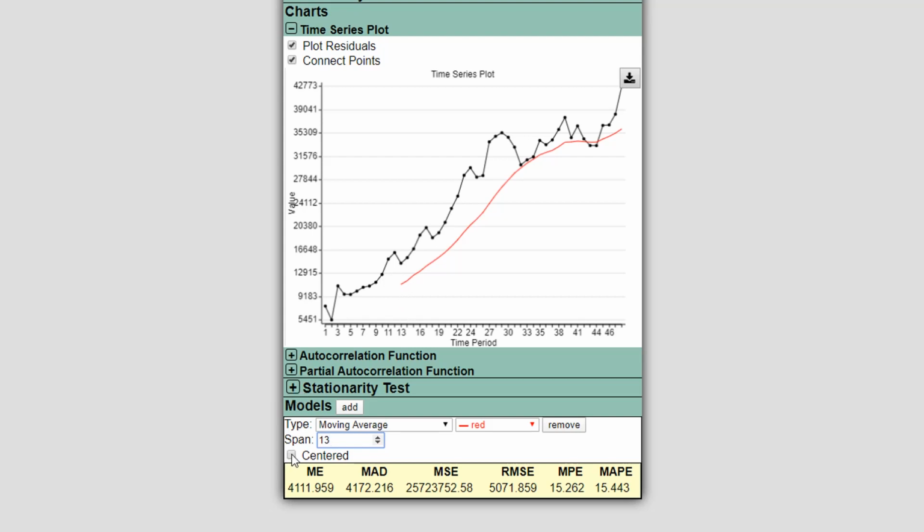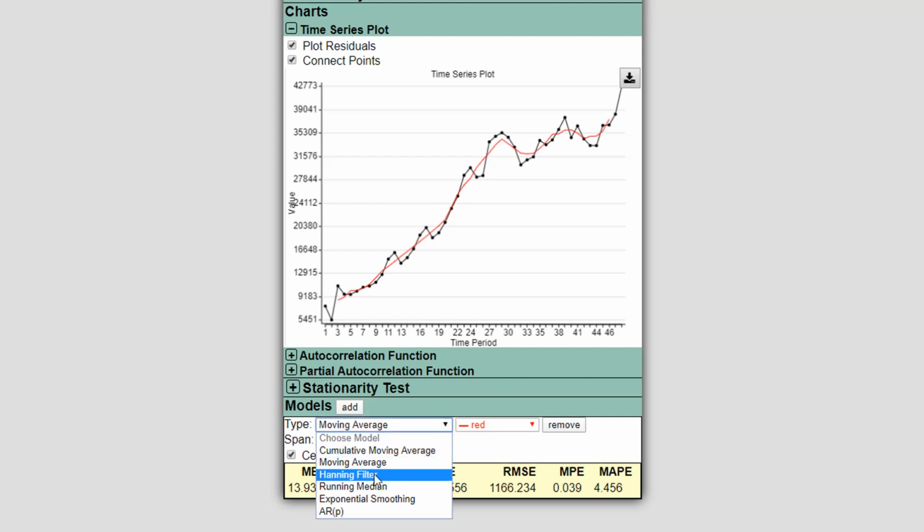A centered moving average is going to fit the data points a little bit better, but of course you can't use a centered moving average as a forecasting method. What it can do is, after the fact, take the last 5 data points and get a smooth moving average centered at the point.